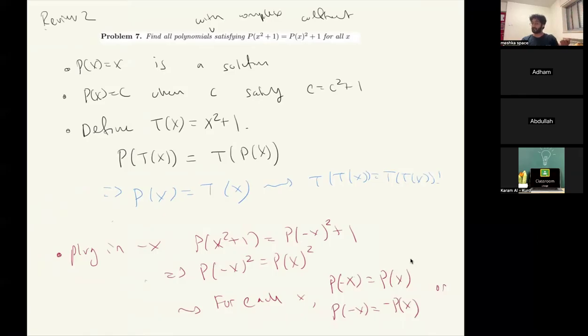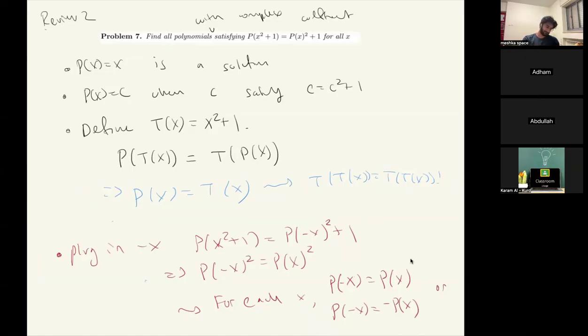The first thing we should realize is that this is true for each x, but in fact, it means one of these statements is true for infinitely many x. And therefore, whenever a polynomial identity is true at infinitely many points, it's true as a polynomial identity. Right?